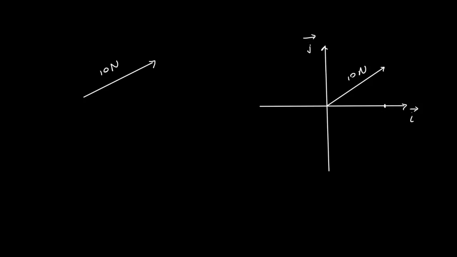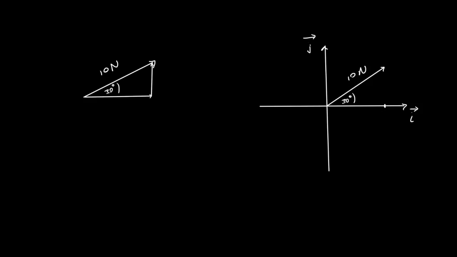Well, if we look at our vector here, we can bring a vector out here in the I direction and bring a vector up along here in the J direction. Let's say this angle here is 30 degrees. So we're applying a force of 10 newtons at an angle of 30 degrees to the horizontal to an object.